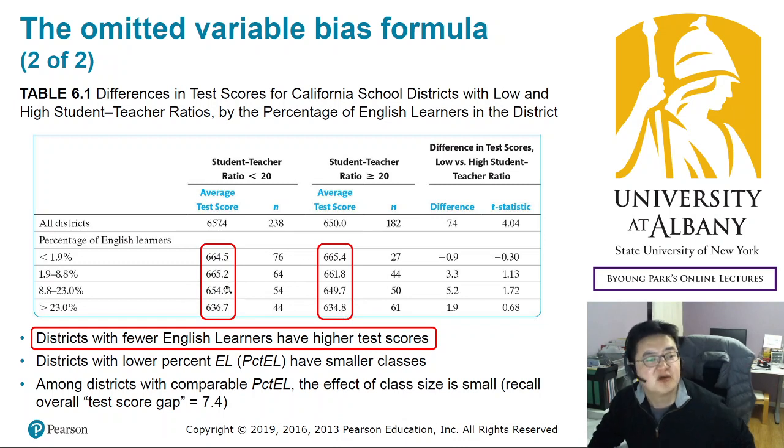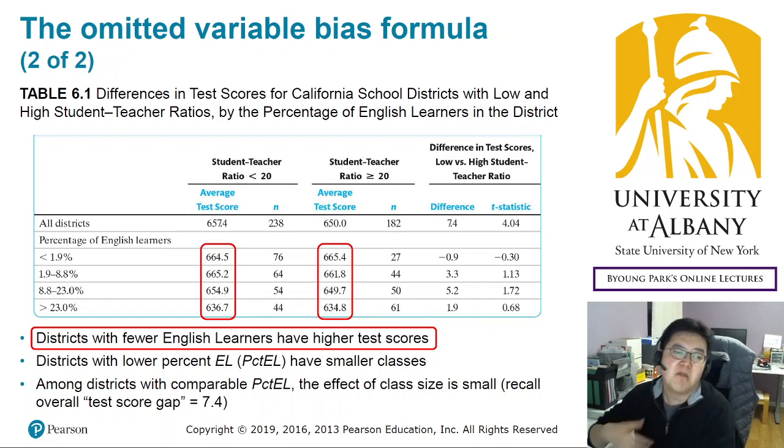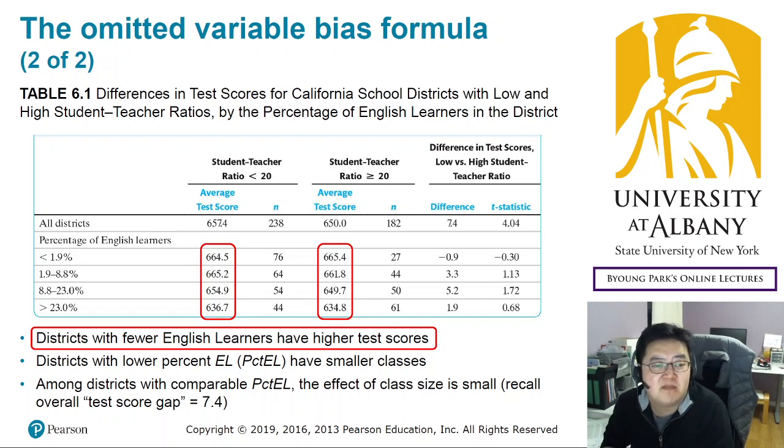And this is consistent with our conjecture that more non-native or foreign-born immigrant students may result in lower test scores. So that is a clear pattern in the data.